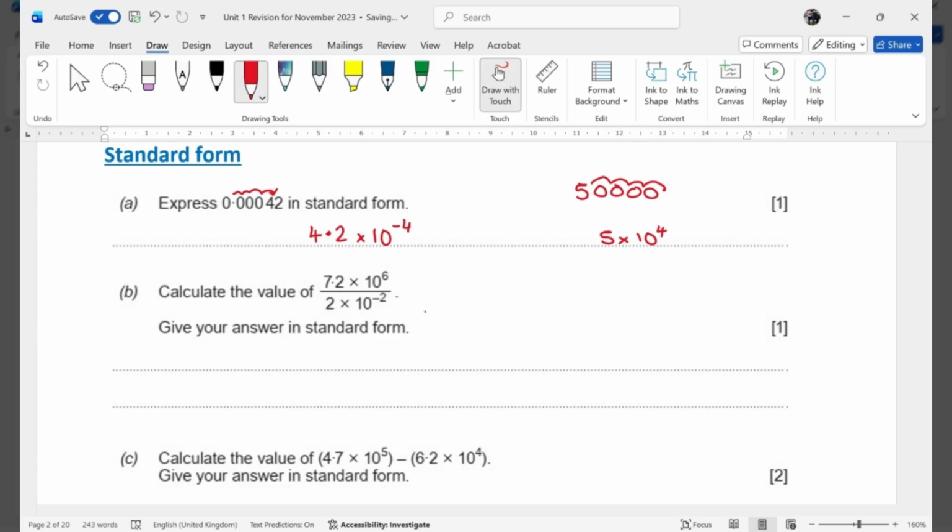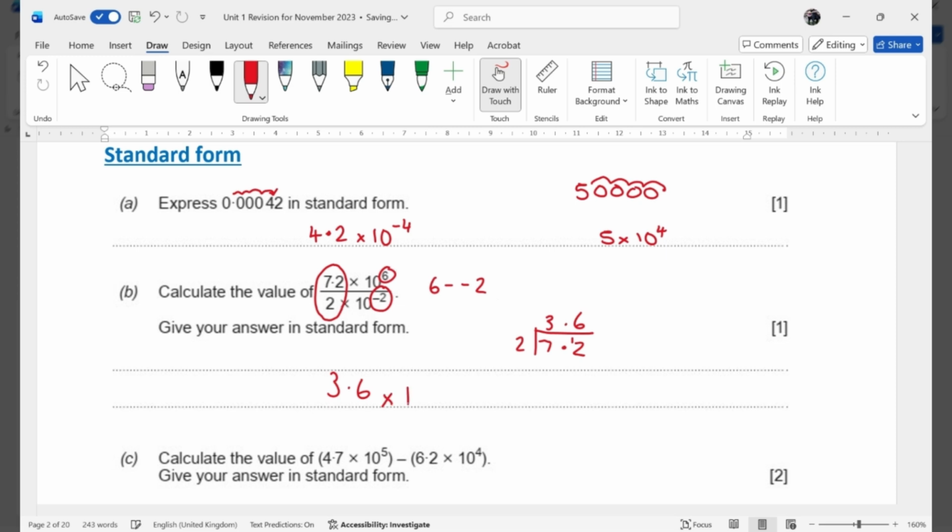Okay. Dividing and multiplying, do it in standard form. So if you're dividing, we're going to divide these numbers, right? Might need a bus stop again if it's division. Remainder 1, that's 3.6. And if we're dividing, we're taking away the little numbers. But in this case, we're actually taking away a negative.